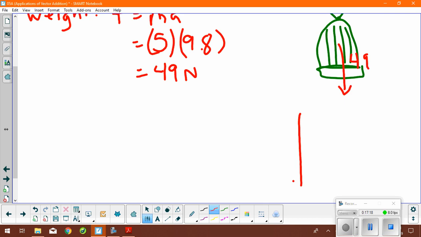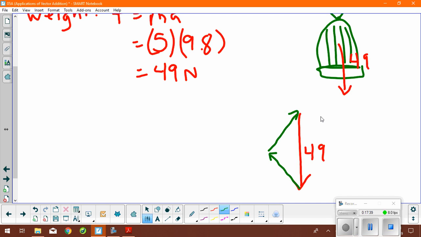So I have 49 newtons pointing straight down. I'm going to pick one of the wires, it doesn't really matter here. One points away, the other one points the other way, and together they should cancel out. If I do this vector plus this vector plus this vector, I'm back where I started, I have 0.